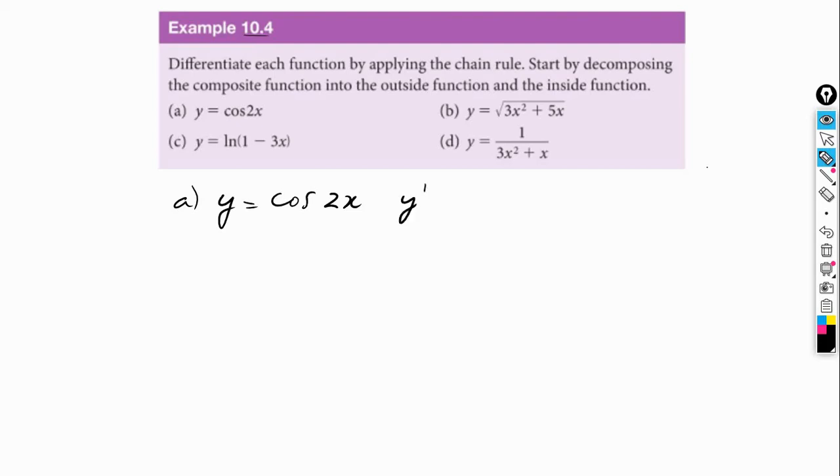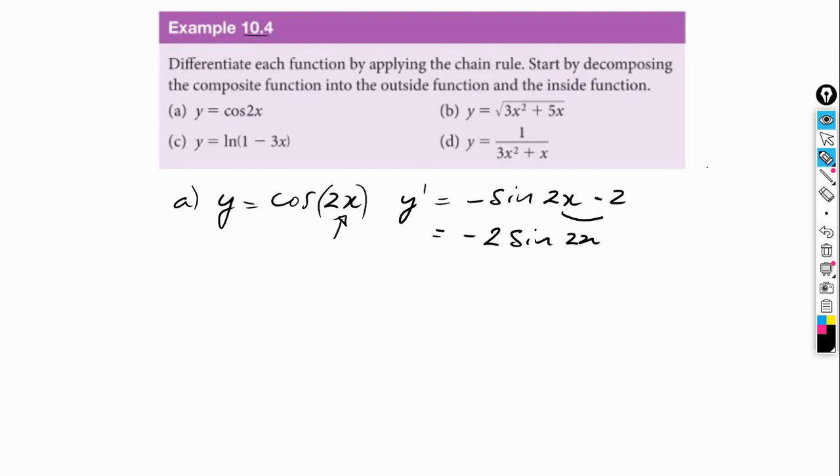So then the derivative of this would be the derivative of the outside, which is cosine of 2x. So that's going to be minus sine of 2x times the derivative of the inside function, which we said is this one here, 2x. So the derivative of 2x is 2, and then we can rewrite this as minus 2 times sine of 2x.